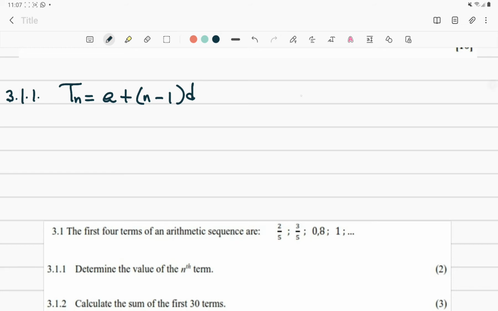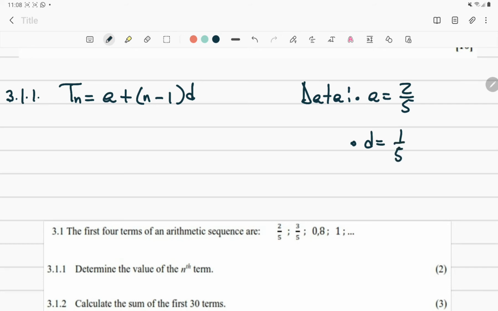So we have this. Our data here is that a is given by 2 over 5, whereas d will be 1 over 5. Why 1 over 5?